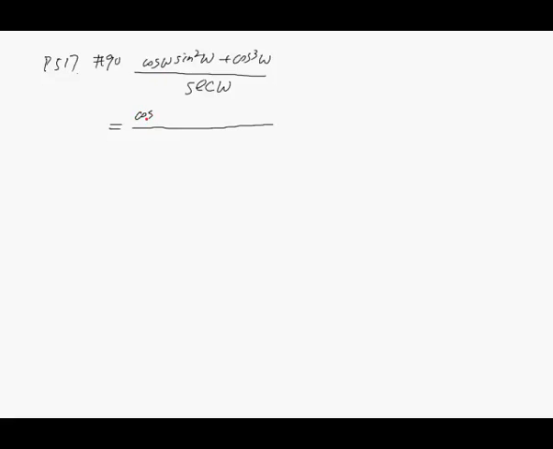So we have cosine w, and then inside parentheses we have sine square w plus, okay, originally you have the cosine cube. So right now you factor out one cosine w, then you have cosine square w remaining, right?